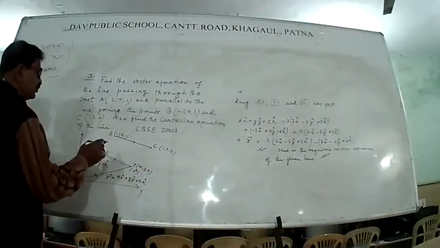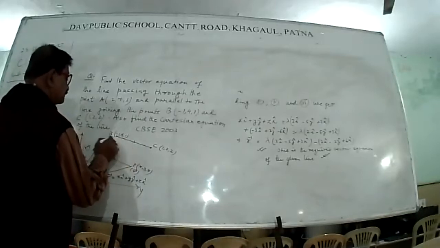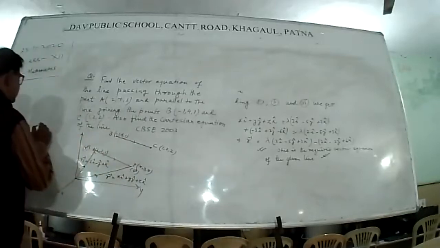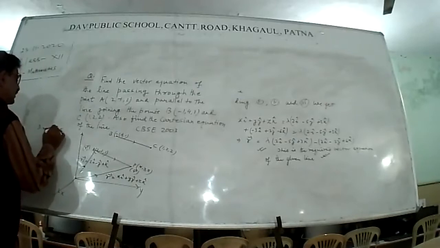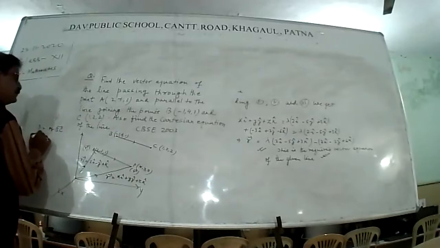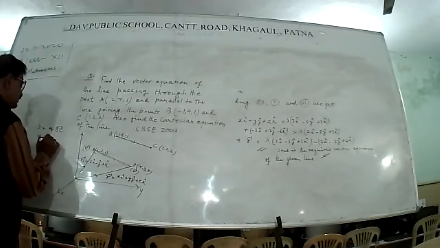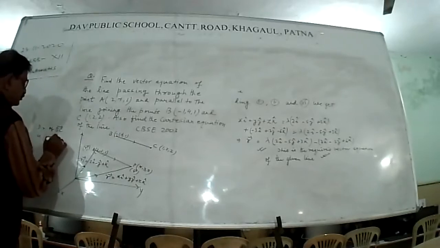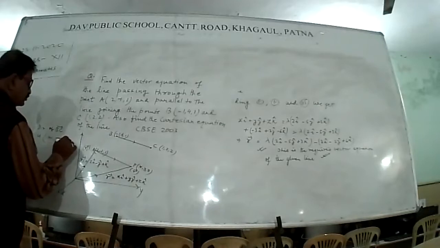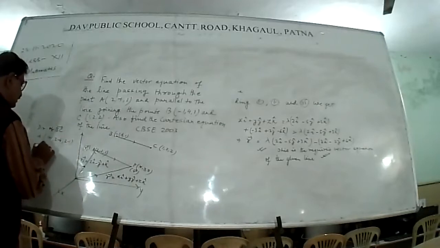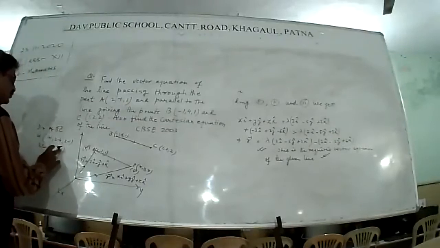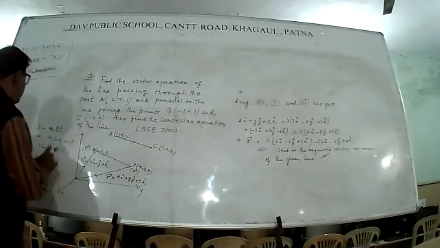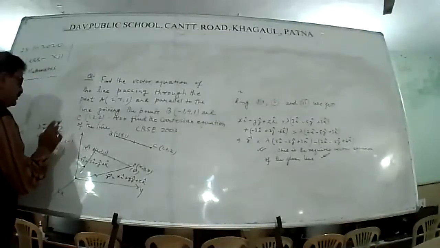So the direction ratios of the BC vector are 1 minus minus 1, that is 2, then 2 minus 4, and 2 minus 1, that is 2, minus 2 and 1. 2, minus 2 and 1 are the direction ratios of BC.